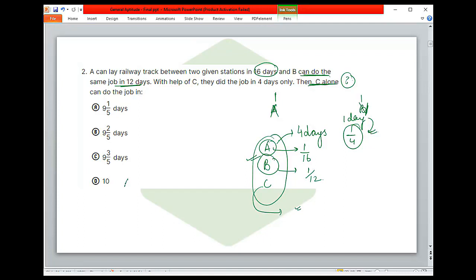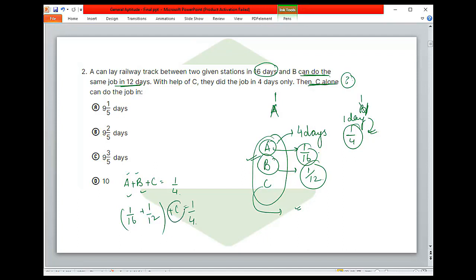How? A plus B plus C is giving you 1 upon 4. A plus B is 1 upon 16 plus 1 upon 12. This is what we have found out. Plus C will be giving you 1 upon 4.